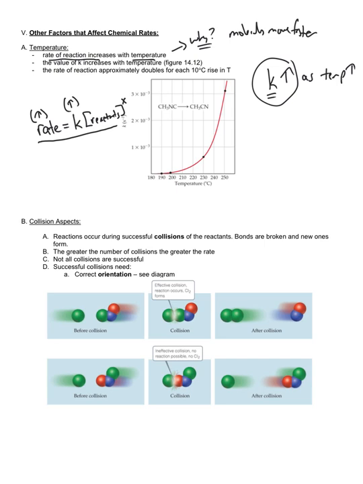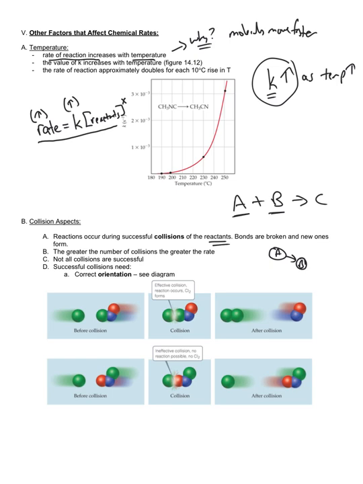Okay? Collision aspects. We've kind of already talked about this, but just real quickly to review, in order for reactants to form products, they must collide with each other. So for example, if you have a reaction A plus B produces C, in order for this reaction to occur, a molecule of A must collide with a molecule of B. Okay?